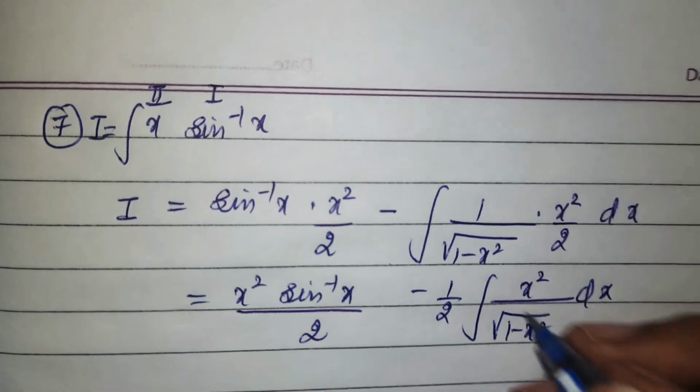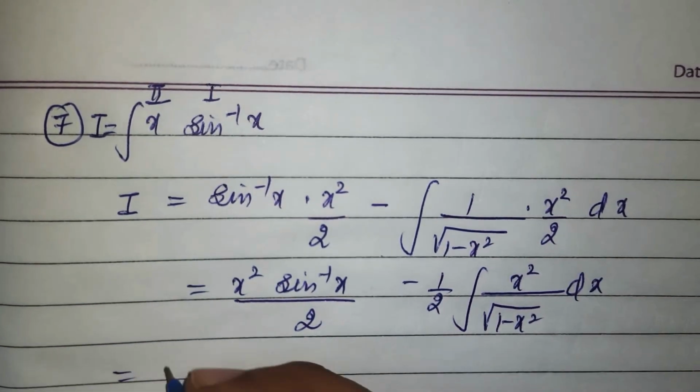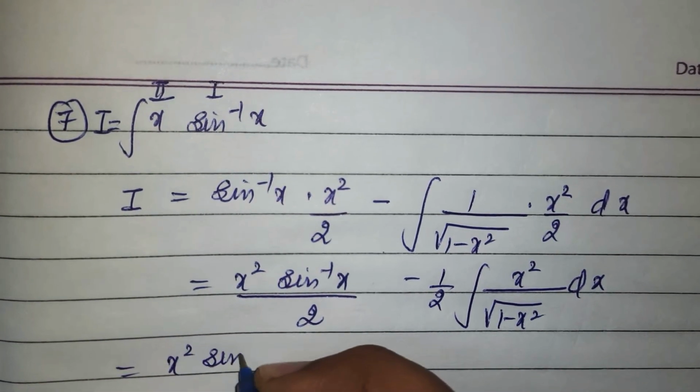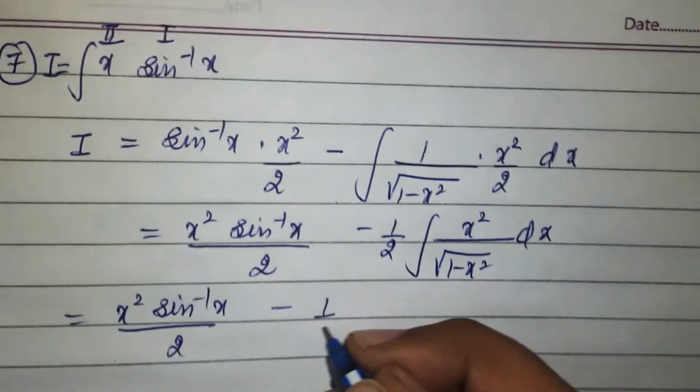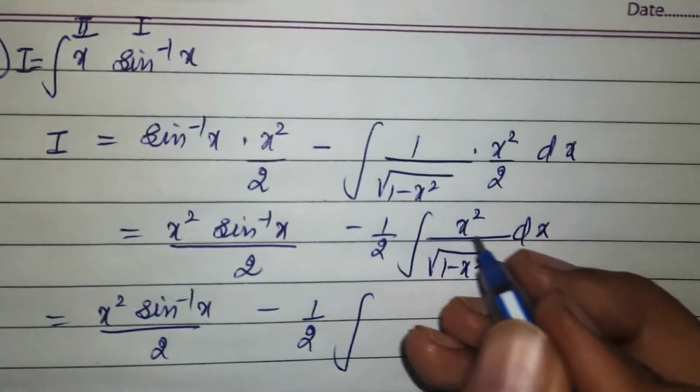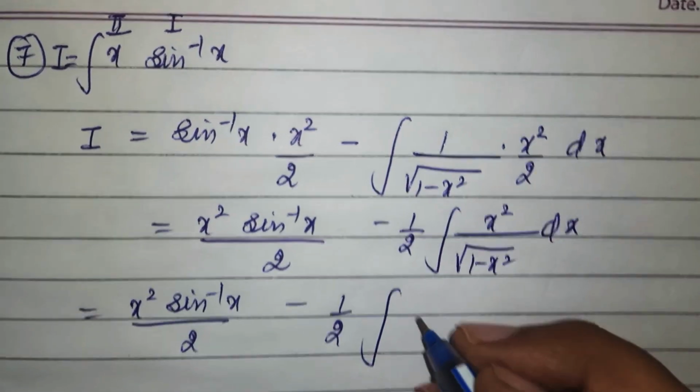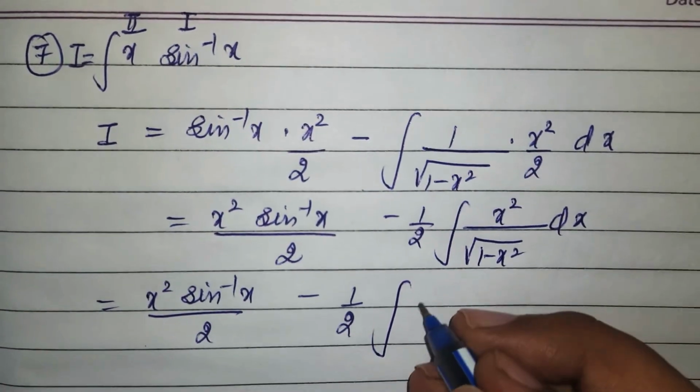Now for this, what I need to do? This will remain the same, x square sine inverse x by 2. So I need to do 1 by 2. I am adding and subtracting 1, plus 1 minus 1, because of 1 minus x square.